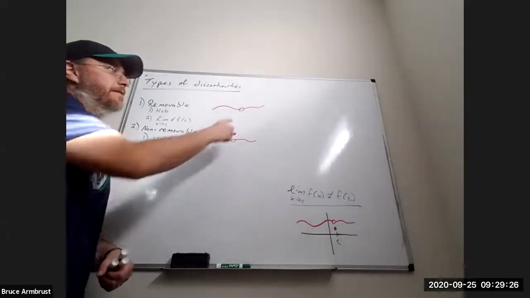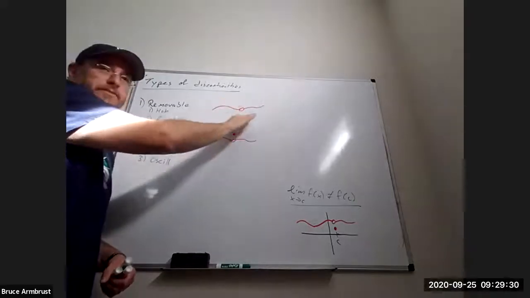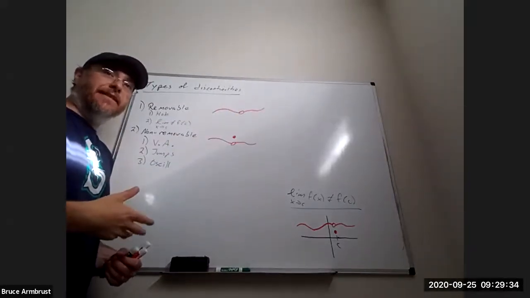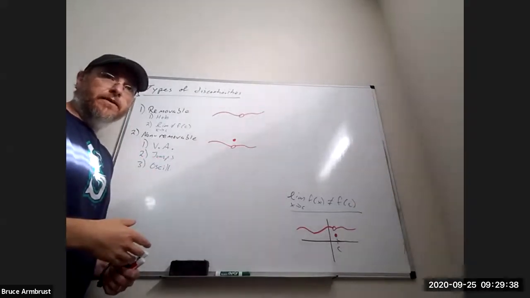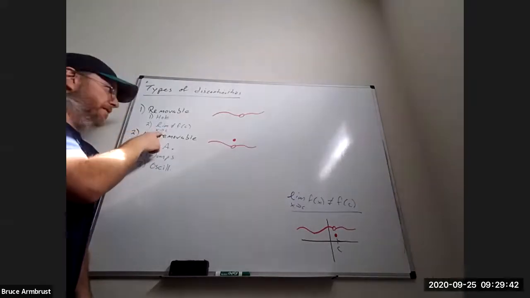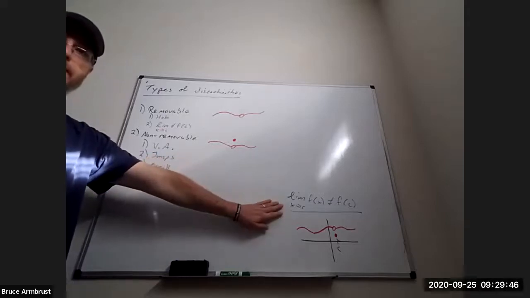Like at this one, if I were to just add in, well, it's this function, but at c, we'll call it something else. Number 2 in removable just says the limit as x goes to c does not equal f of c. It's the same statement that's down here.